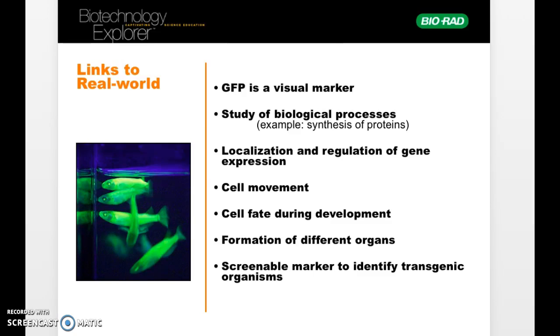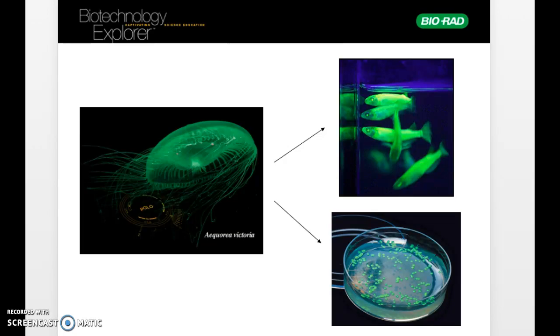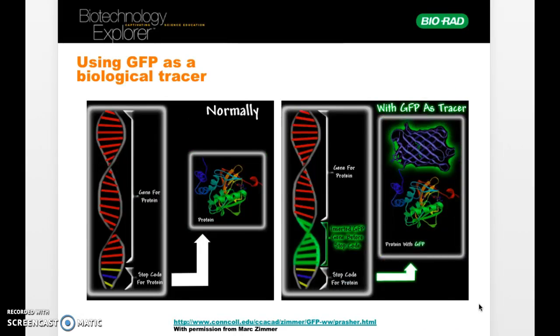Scientists use it to tag cells or to make an entire organism glow, and it helps us track where a certain protein is expressed or how gene expression is done within an organism. So we have the jellyfish right here, and then this is something scientists did to make fish glow, and then we have the bacteria that can glow for this lab if we get it right this time.